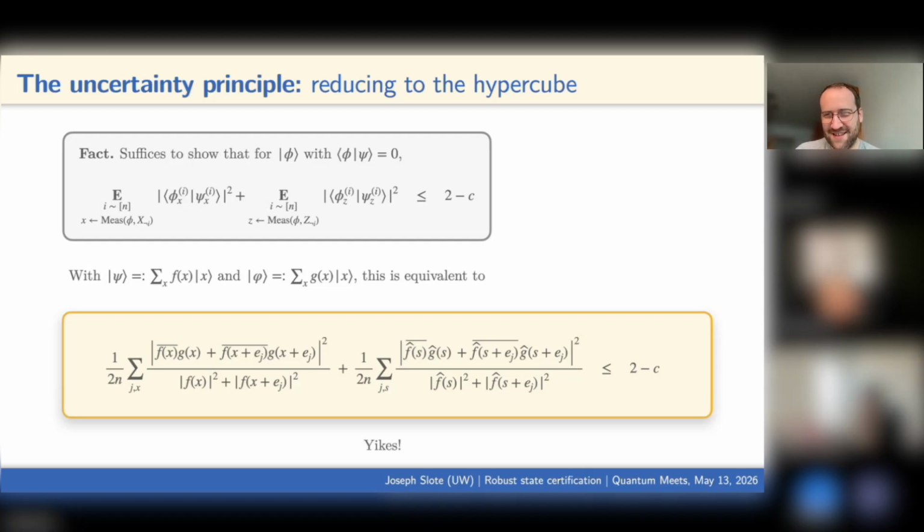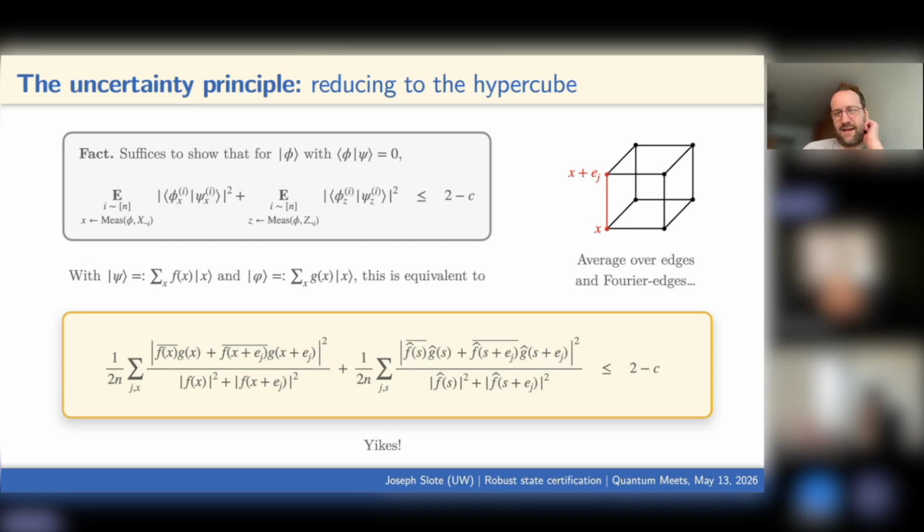Yikes. Okay, maybe one very basic thing is that both of these terms are summing over coordinates and summing over points. And each of the summands is some average over edges. Over here, we're in the Fourier domain, so it's like a sum over Fourier edges.